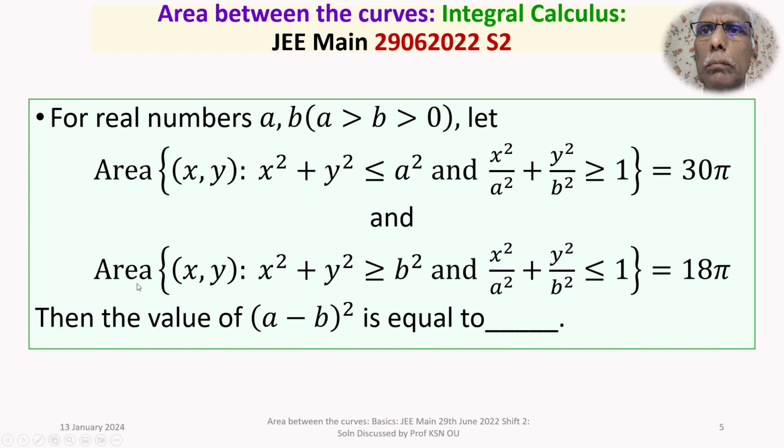And in the second case, the area of the exterior of this circle, x square plus y square greater than or equal to b square, and the interior of this ellipse is given to be 18 pi, and we are required to find the value of a minus b whole square.